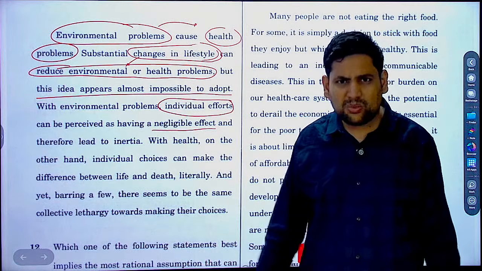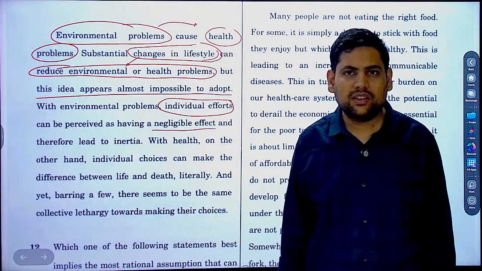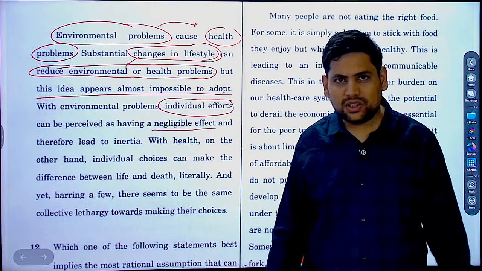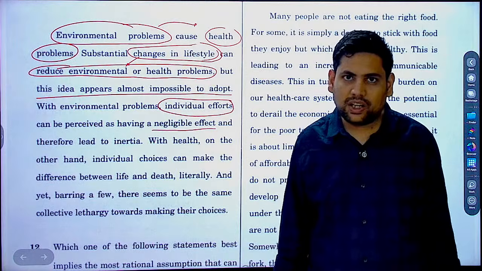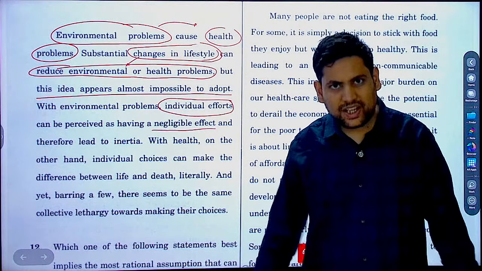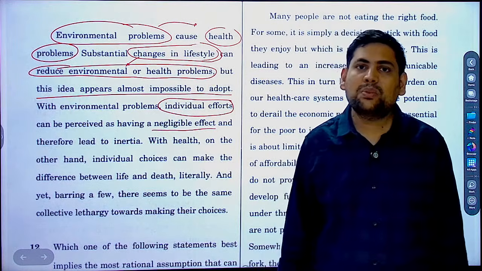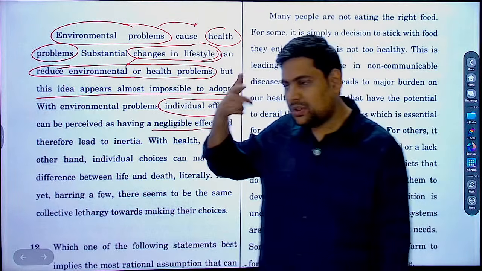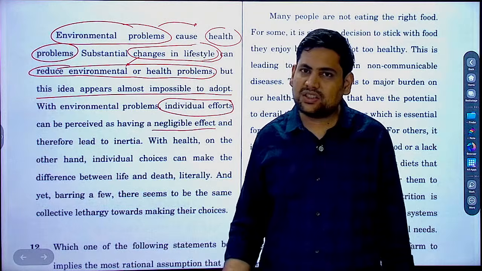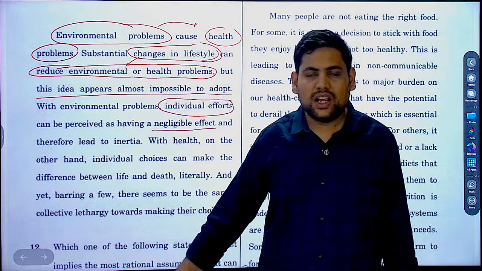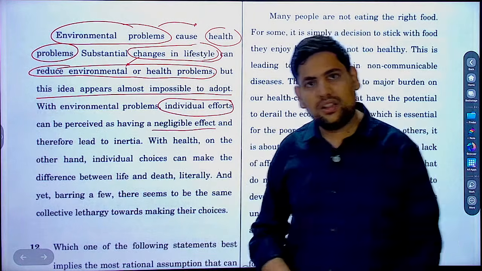Correct? Because there are so many people, there are lakhs of people that live here. And they will keep on creating all this rubbish, they will keep throwing, and because of that, this area cannot be cleaned just by me. Now, because of that, what happens? People develop the wrong notion that because individual efforts are not working, they just stop caring about the environmental things and they start focusing on individual health more and more.